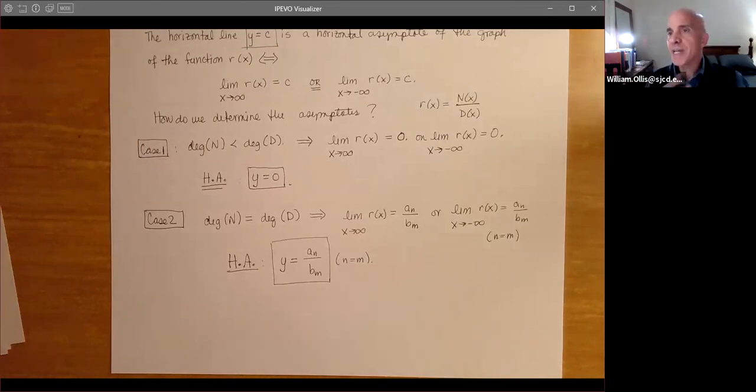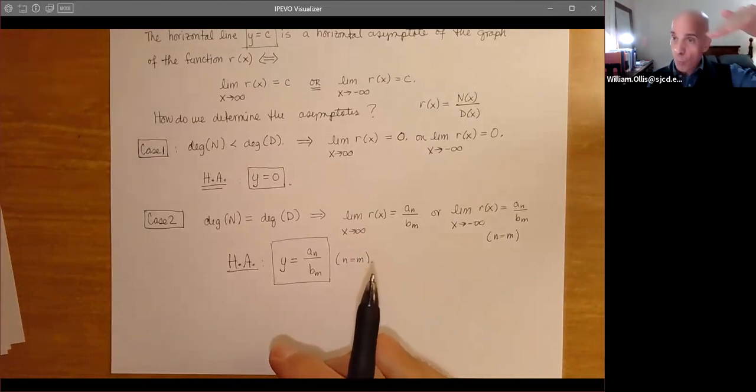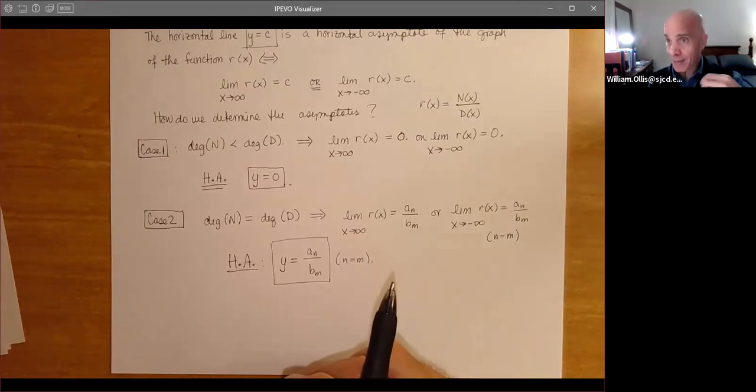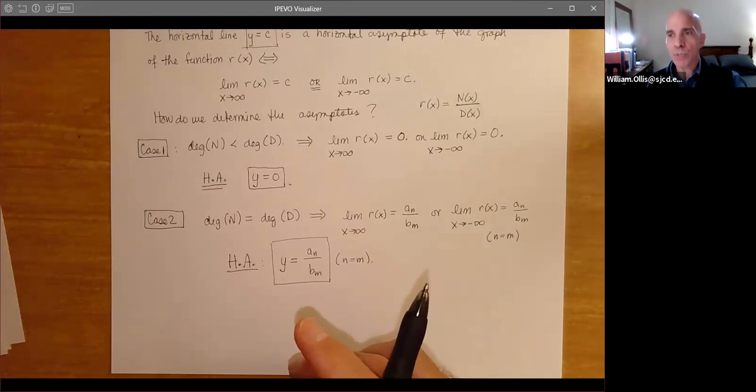Now, as the degrees start to change, that is the degree of N. Now you're thinking it's always been less or equal to. Now what happens is the degree of N actually surpasses that of D. Well, we don't get any more horizontal asymptotes. And of course, we could spend a lot of time on this.